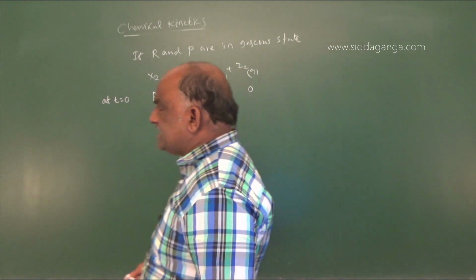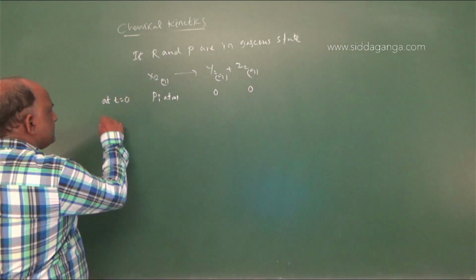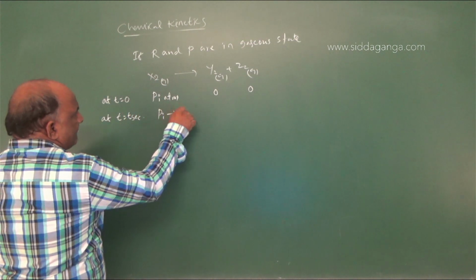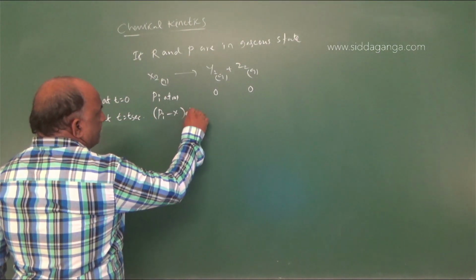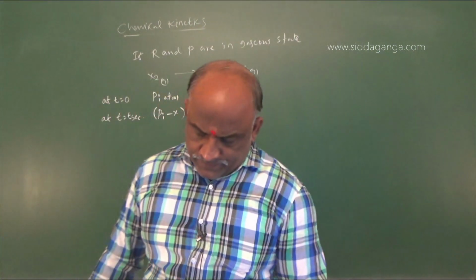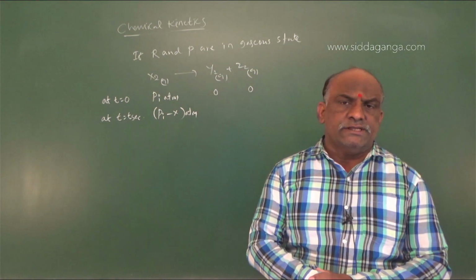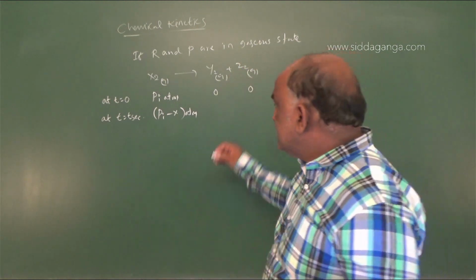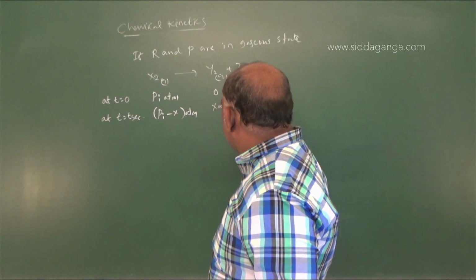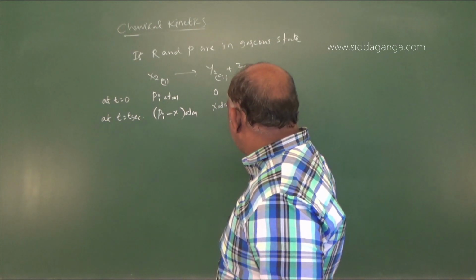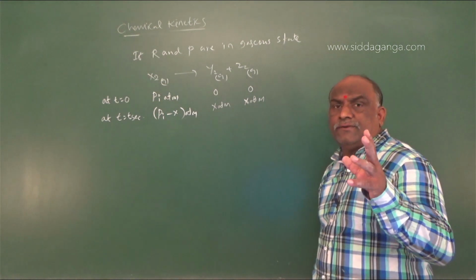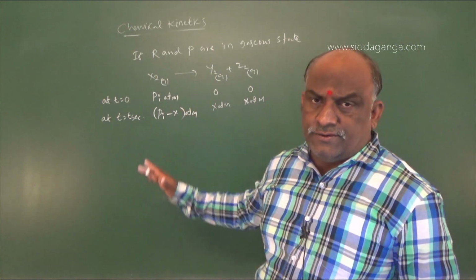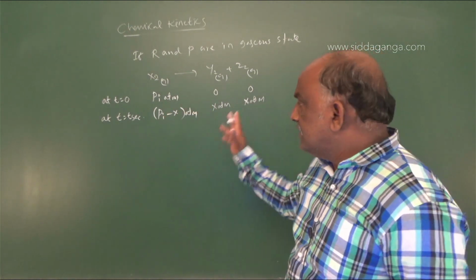At time t is equal to t seconds, you should write Pi minus x atmosphere, and after an instant this is x atmosphere and this is also x atmosphere. Once you remember this, no need to worry about the derivation. Derivation is not mandatory. What is the final conclusion, that is the important point.